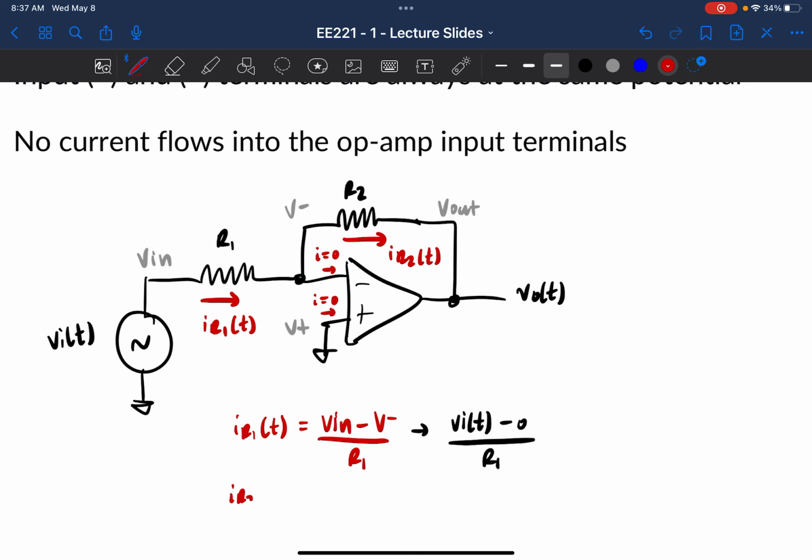And then IR2 of t is equal to the voltage across this resistor, basically V minus minus V out, and then divided by R2. So let's go V minus minus V out divided by R2.